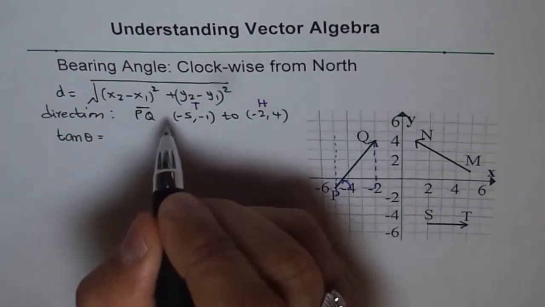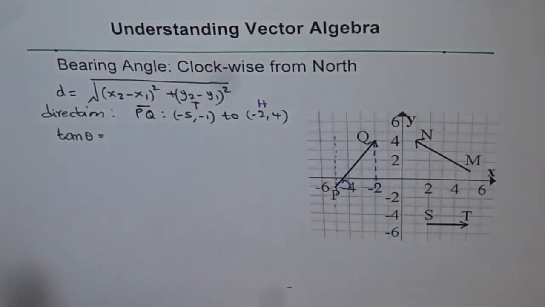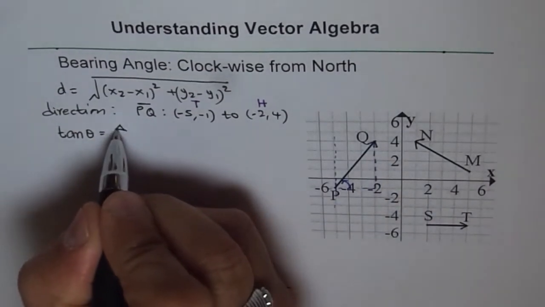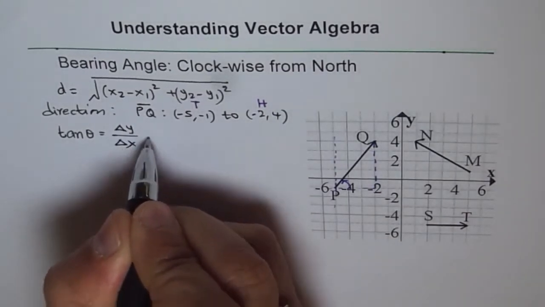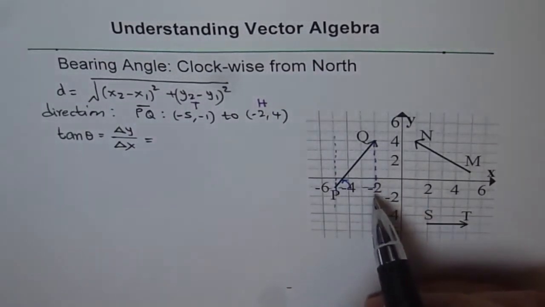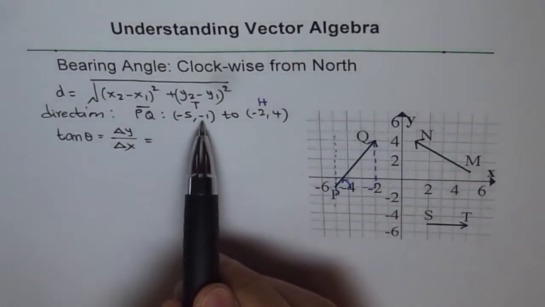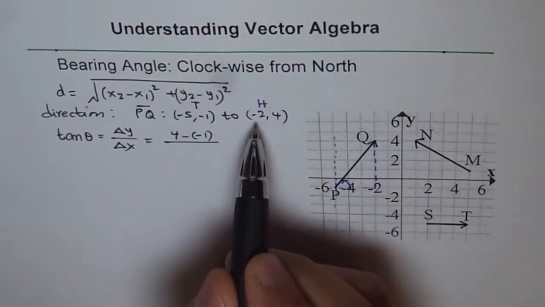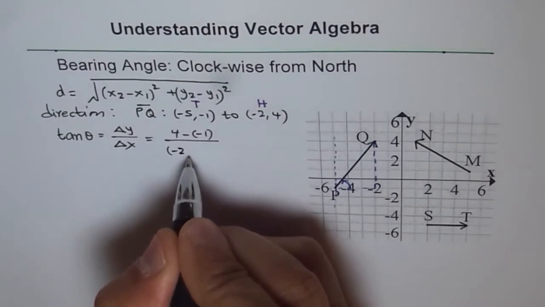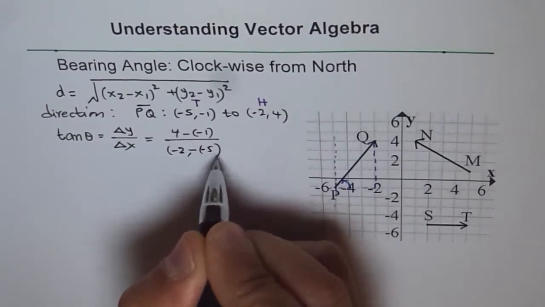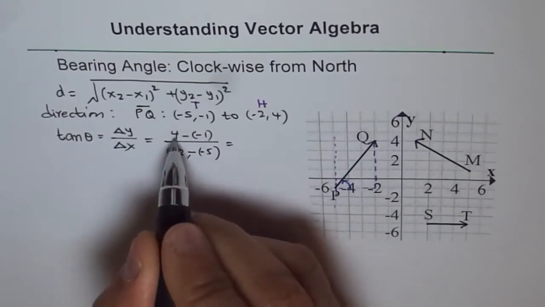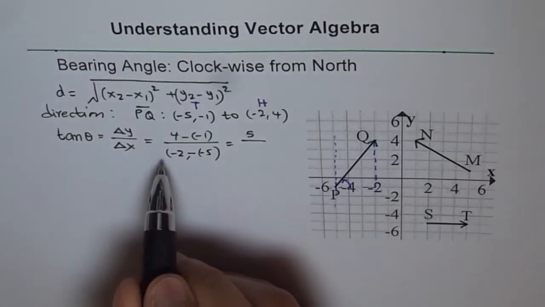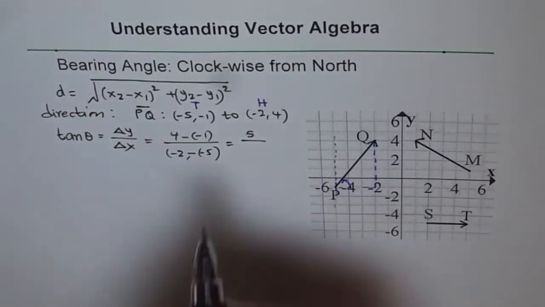Tan theta will be the difference in y value divided by the difference in x value. The y value difference is 4 minus minus 1, which means 4 plus 1, which is 5. And the x value difference is minus 2 minus minus 5, which means minus 2 plus 5, that means 3.